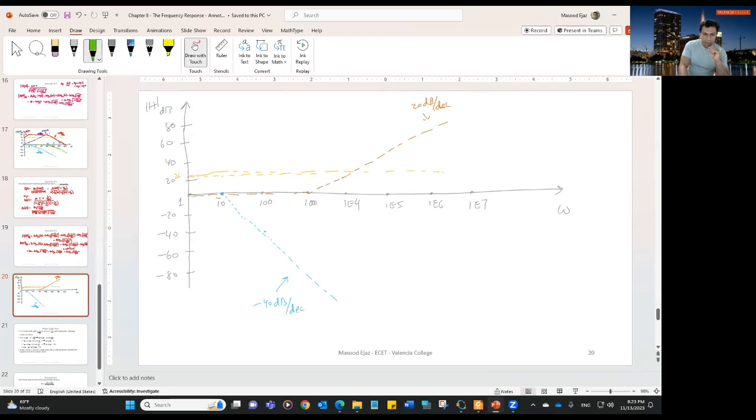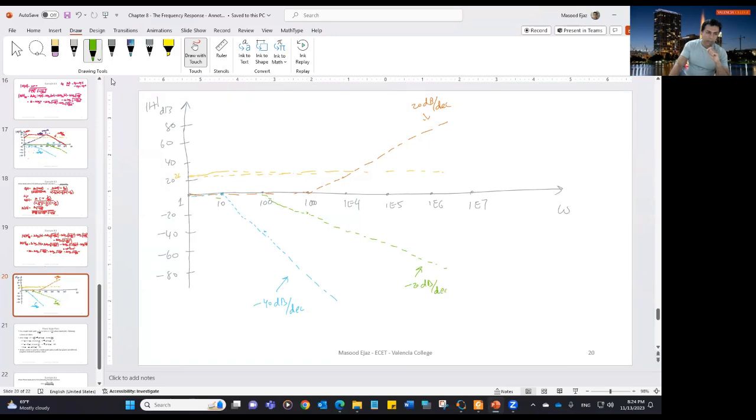The slope is not going to be as sharp, of course, as the other one. Negative 20 decibel per decade.